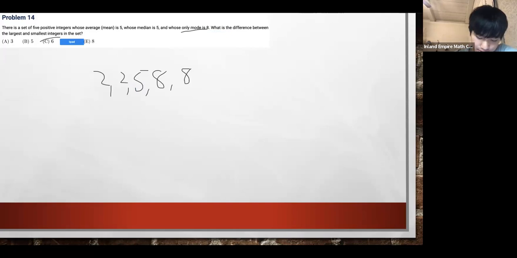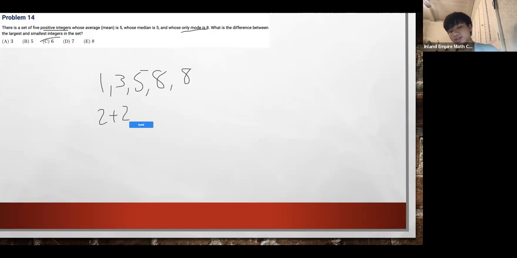In fact, what we have to do instead is to separate those twos. So I would say that the best way is to do 1 and 3. Technically we could do 0 and 4, however, it says positive integers, so it has to be 1 and 3. Remember, average is just adding all the numbers and dividing by the total number of numbers.